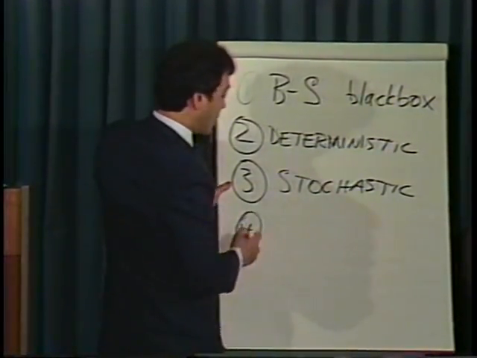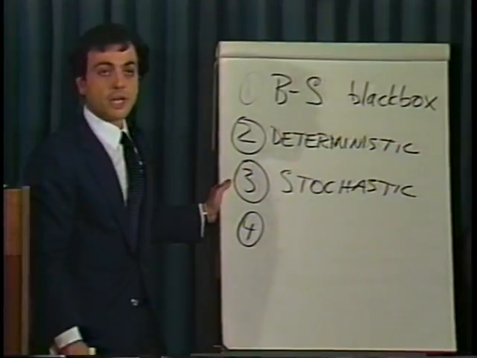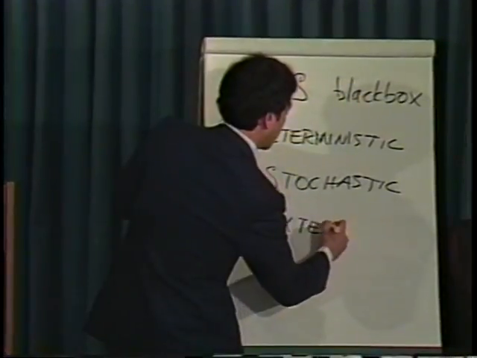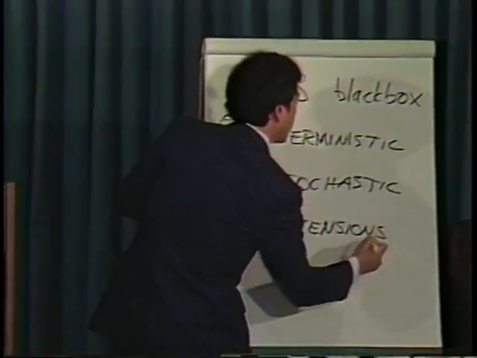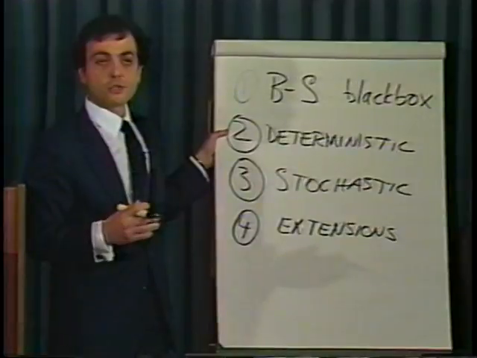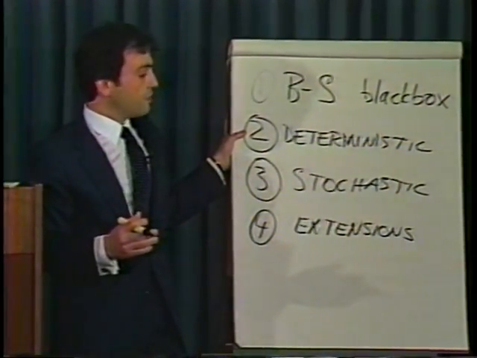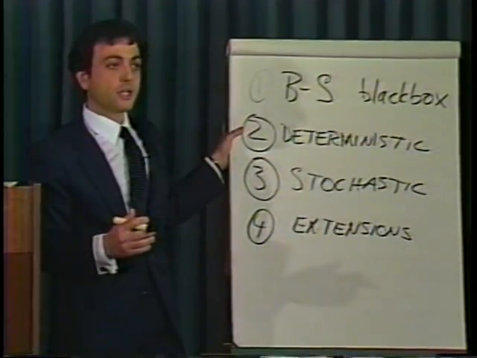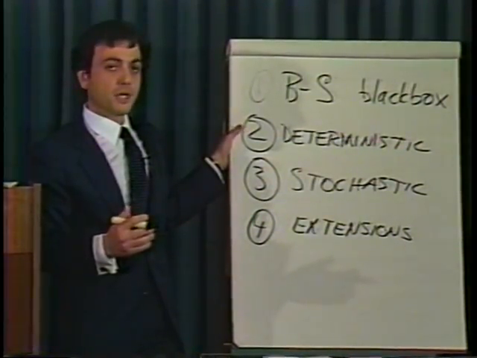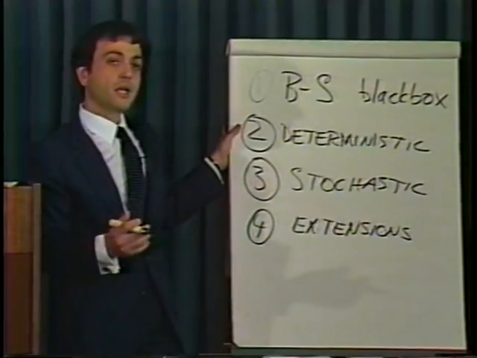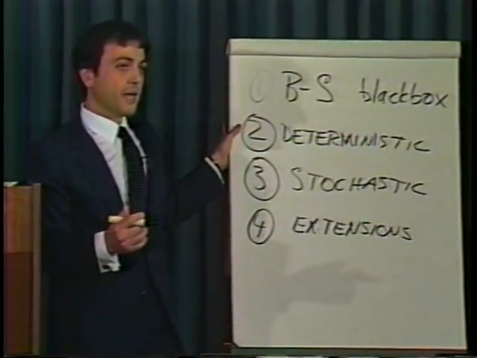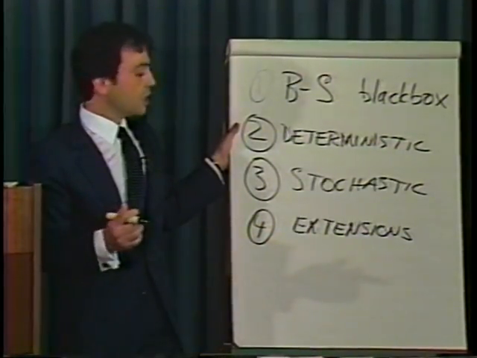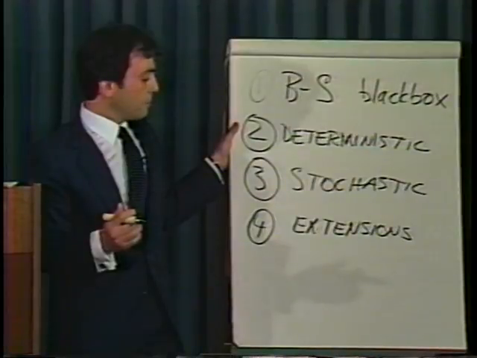Finally, we can talk about the extensions of the Black-Scholes formula. That is to say, the original Black-Scholes formula was derived for non-dividend paying stocks, for calls and put options on non-dividend paying stocks. Needless to say, we are a bank, and for a bank actually to talk about options on non-dividend paying stocks may not be that much meaningful.